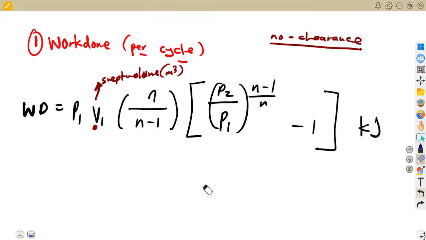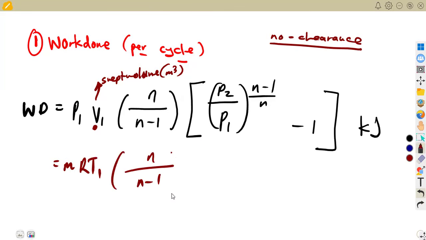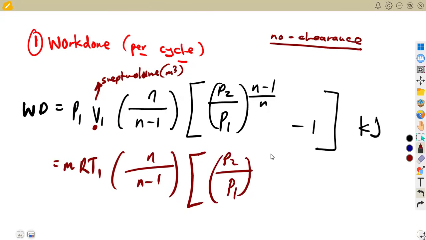If we are given the mass, we can conclude that this can also be written as mRT1 into n over n minus 1 into P2 over P1, to the exponent of n minus 1 over n, in kilojoules, provided that the mass is in kilograms.